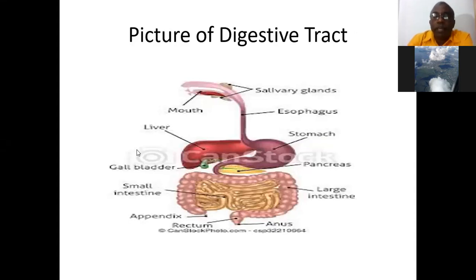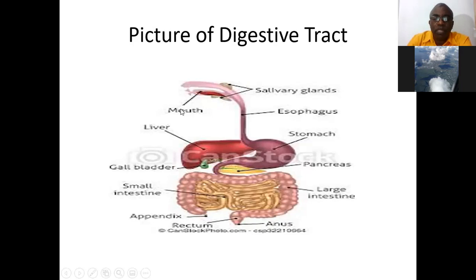All right. This is a picture, not really a great picture, of the alimentary tract. We will show a better picture down the road. So we have the salivary gland that is important for helping us to soften the food that we eat.